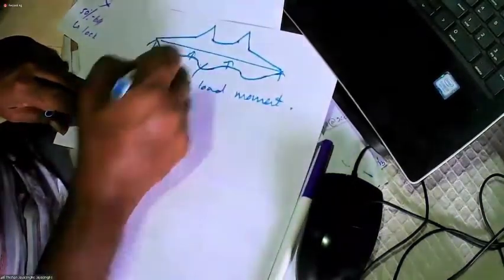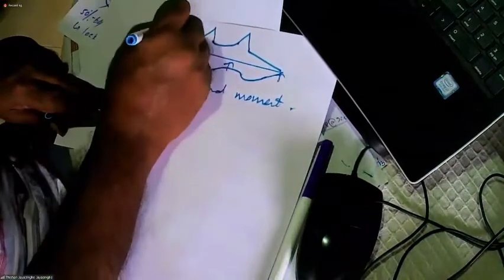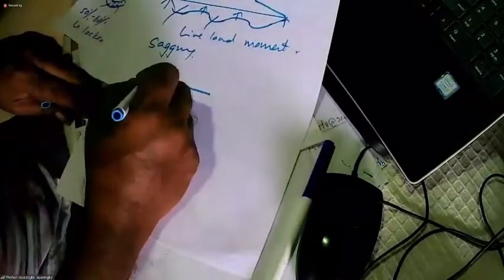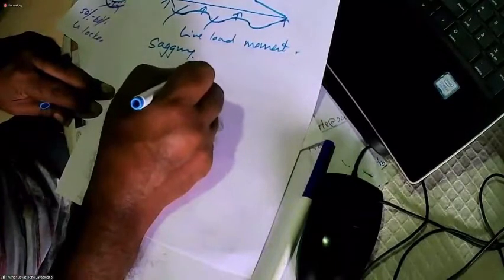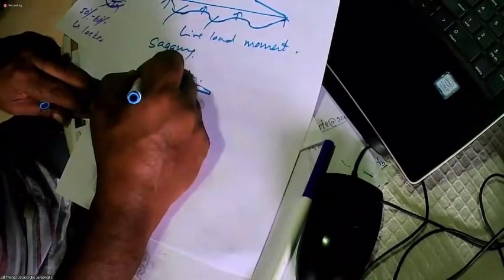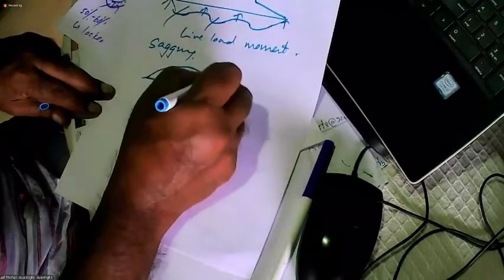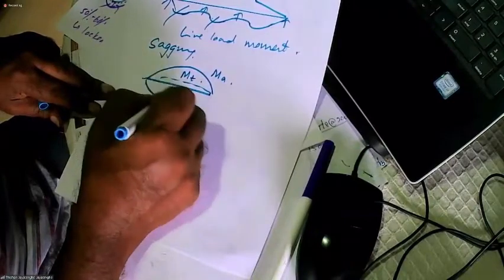So it can be either sagging or hogging. When you cast the beam, it will go like this, transfer. Then when you have the live load negative moment, it can go this way, MA, or it can go this way, MB.